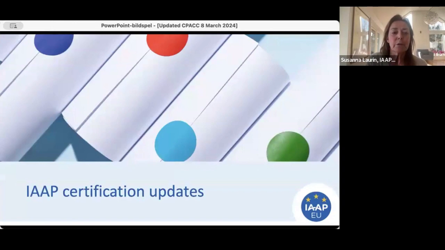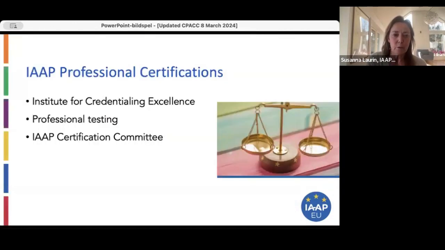Just a couple of words on the certification updates. As I'm sure most of you know, the IAAP professional certifications are very thoroughly worked through and developed in a very professional way. So together with the Institute of Credentialing Excellence, we make sure that the professional certifications are internationally recognized. It's not something IAAP invents ourselves. There is a methodology for all the development, and a thorough process for market research and job task analysis and the psychometrical measurement and all of that.